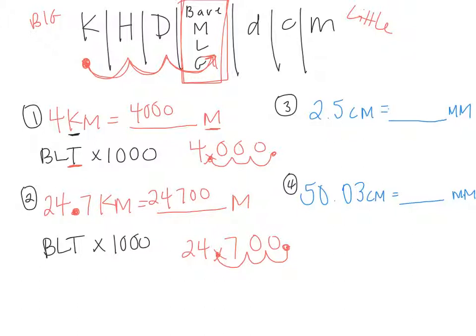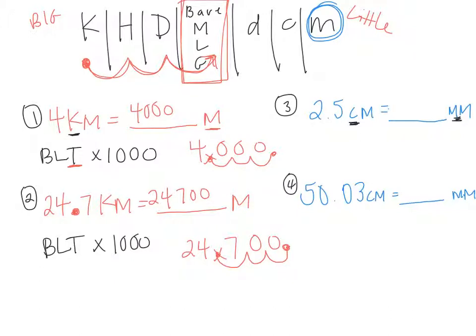Our third example, it says 2 and 5/10 centimeters. So I'm looking at the C, centimeters, means I'm going to start at C. And this time I'm moving to millimeters, mm, and since there are 2 m's, I know that I'm actually going to be moving to the outside m, milli.